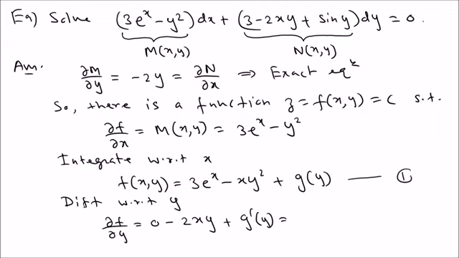So it is 3 minus 2xy plus sin y. So clearly you can see that g prime of y has to be 3 plus sin y. When you set them equal, g prime of y has to be 3 plus sin y because they are equal to each other. Good. Okay, so we know that.